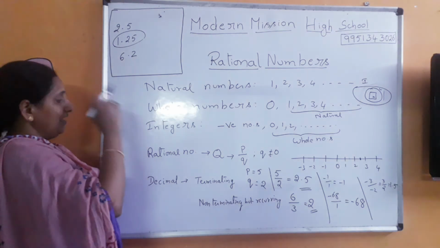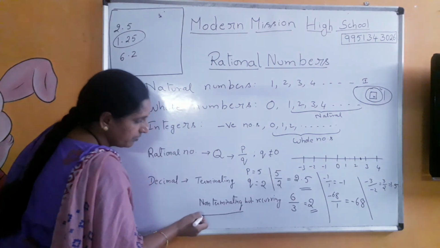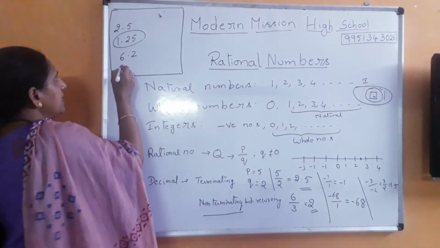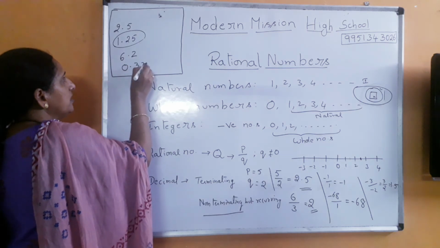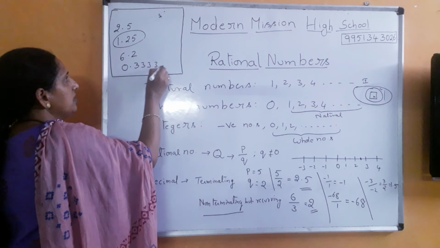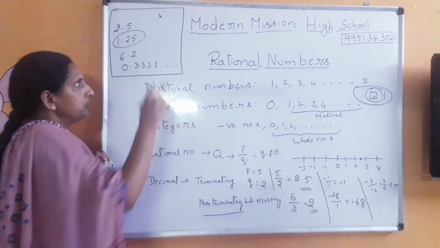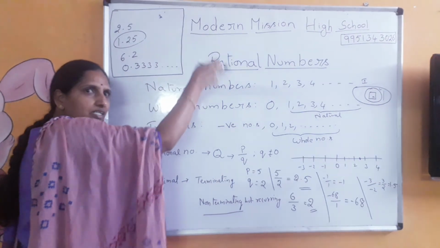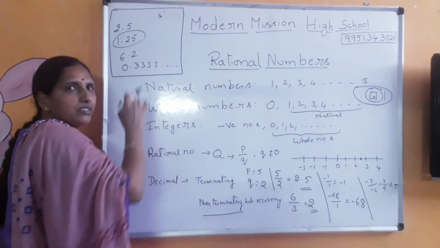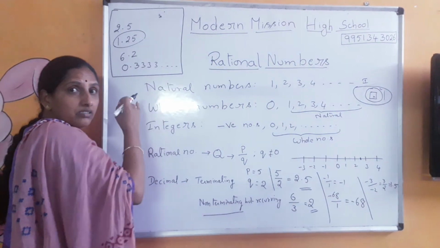Okay. Now the other case is if they are not terminating, like 0.3333 and so on. It's not terminating, it's not ending. You always get 3, infinite times you will be getting 3. It's not ending at this point.